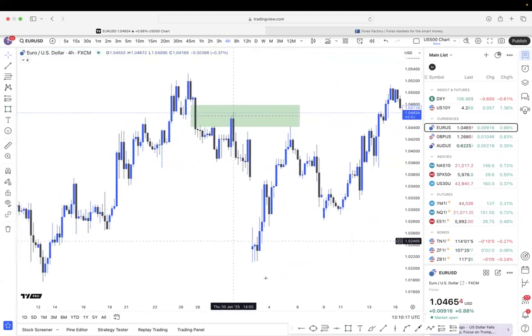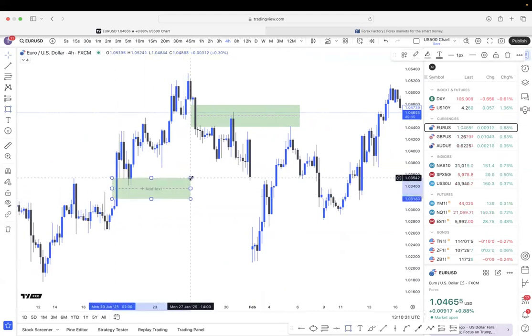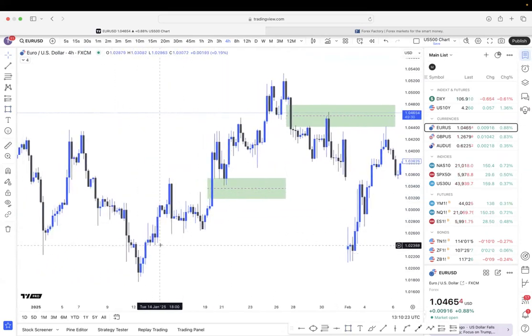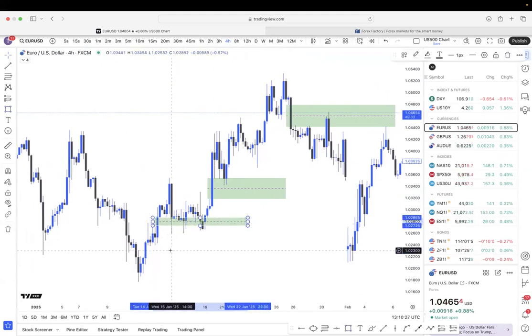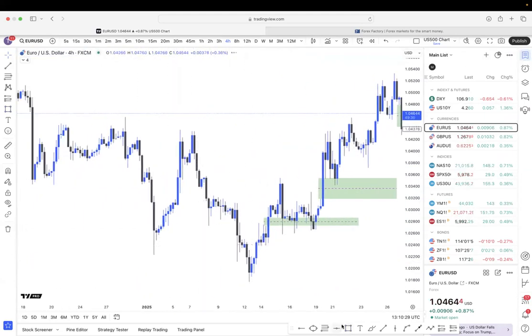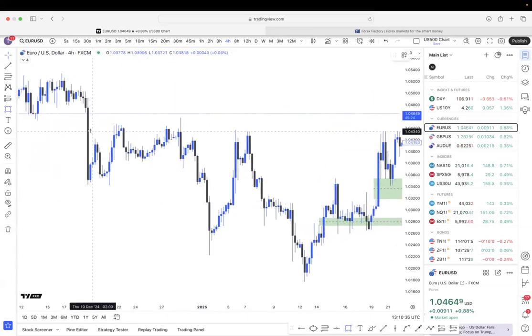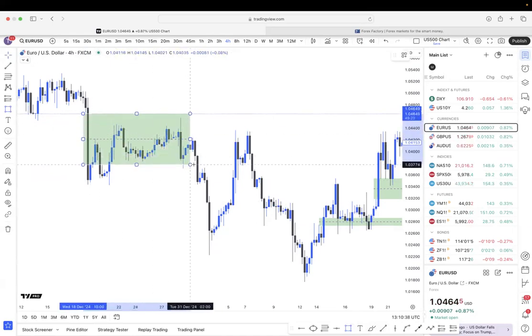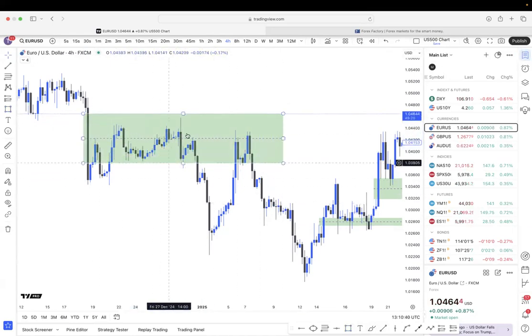Now, this for us is going to be another area of confluence when it comes to our trading. We are going to be able to use these areas of imbalance to find setups, to find targets, to try and understand if there's been a change in state of delivery, and to try and understand what makes a higher probable area of imbalance compared to a lower probable area of imbalance.